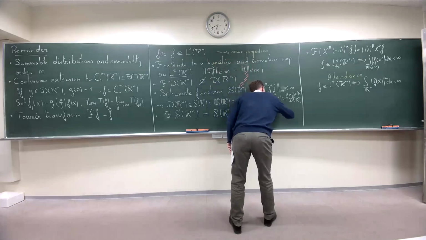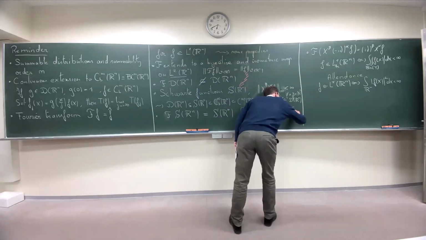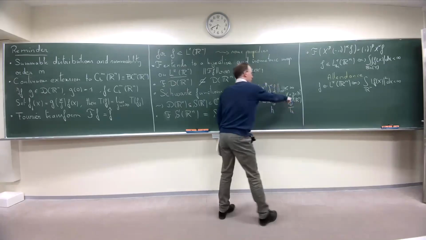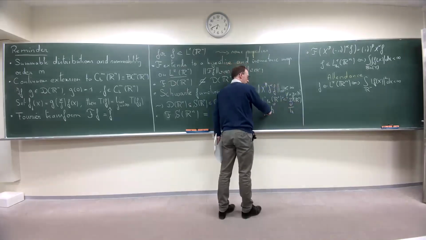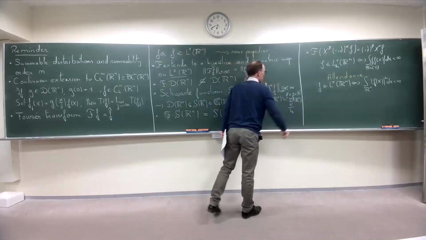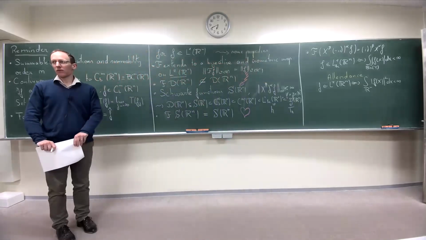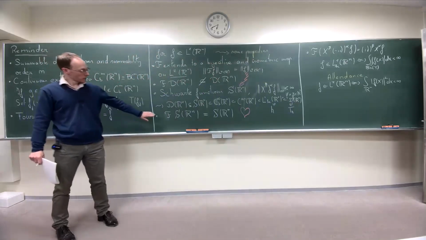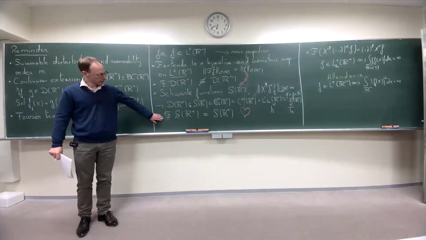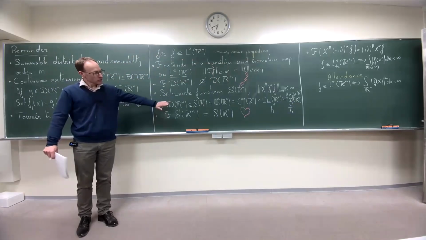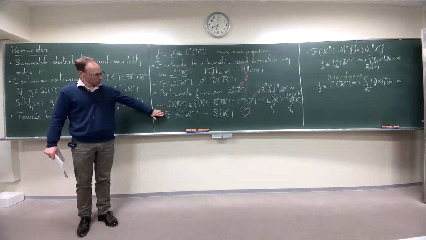Take an h here. It is inside the set of distributions by identifying h with its regular distribution. I introduced this. And the very good point with this set of Schwarz functions is this equality. It says that, and it's not completely straightforward, I mean, you have to work a little bit for this, but I give you this result.